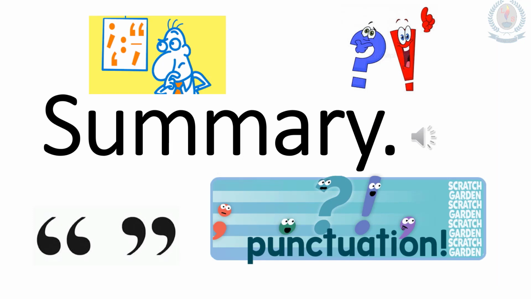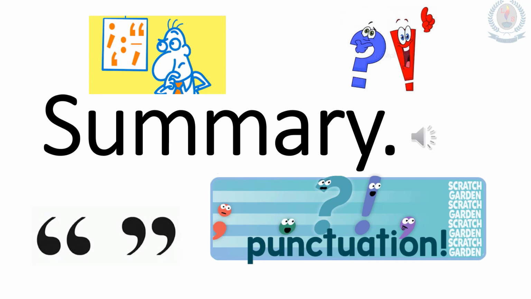Now let us summarize the lesson. In sentences, now we learned how to punctuate direct speech. You learned how to use the inverted commas around the spoken words, that is, the actually spoken words.